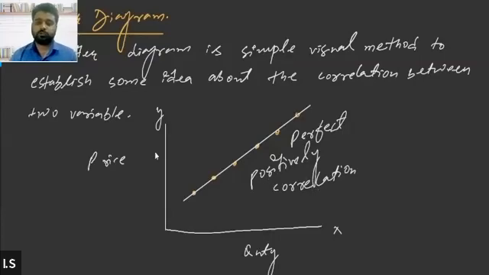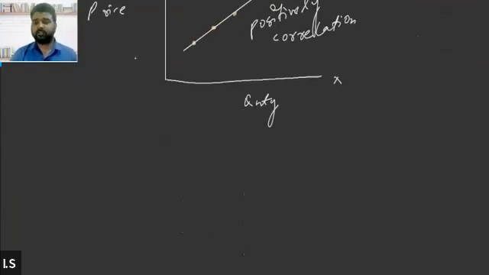Let's suppose I make another scatter diagram, and this time the diagram is formed something like this. When you plot all the values, they are plotted like this.